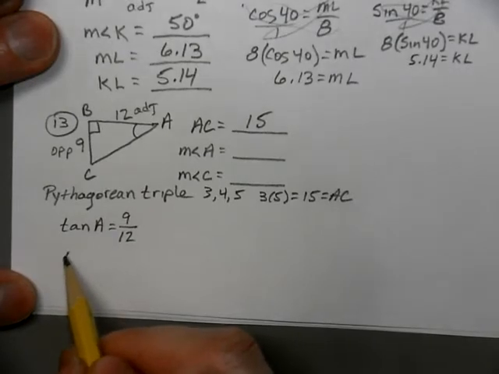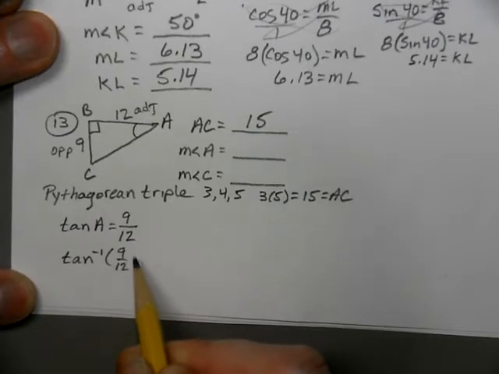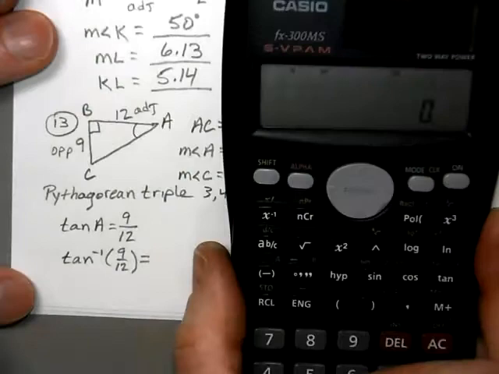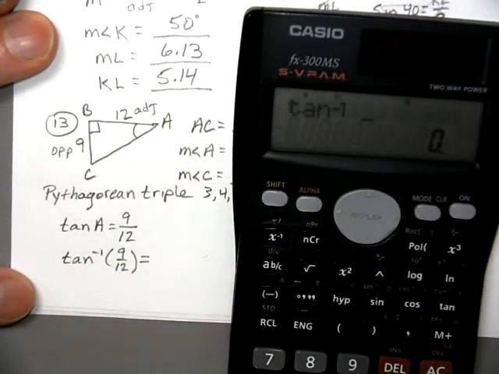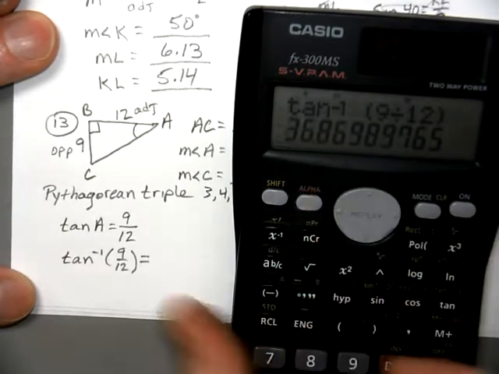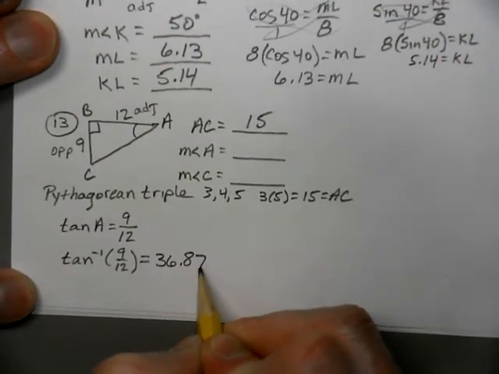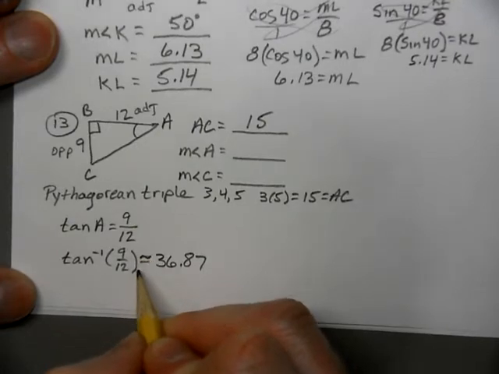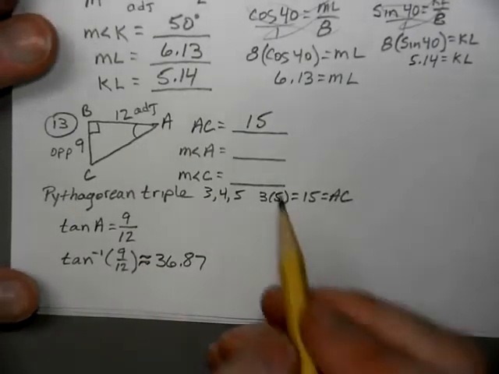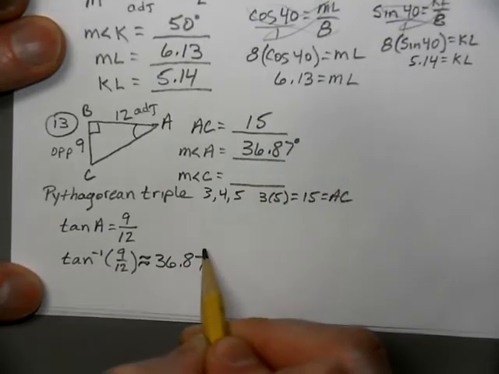We actually have to use the inverse function. So tangent inverse of 9 divided by 12 is going to be 36.87. That's an approximate number. You could use a little squiggly sign. 36.87 degrees.